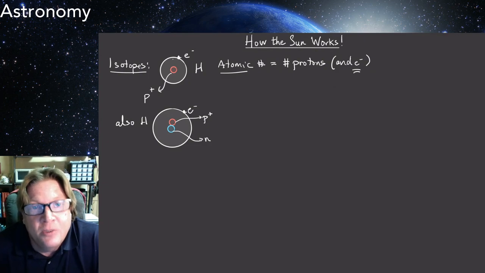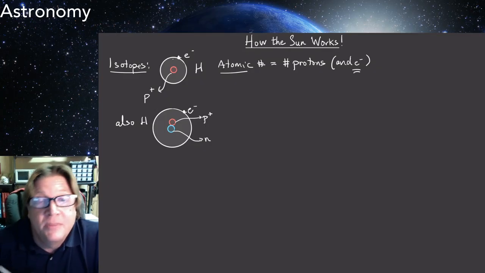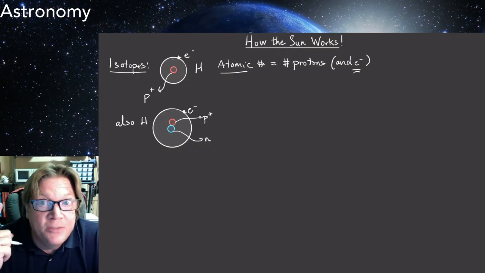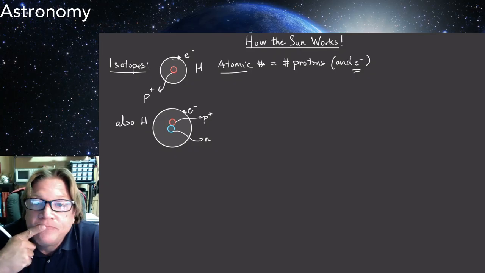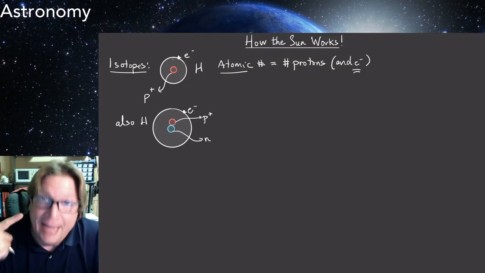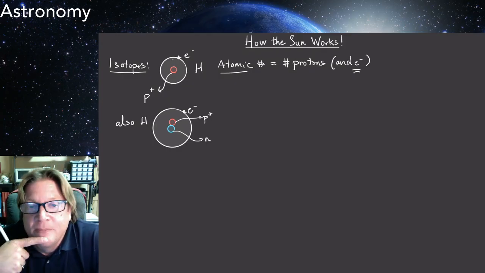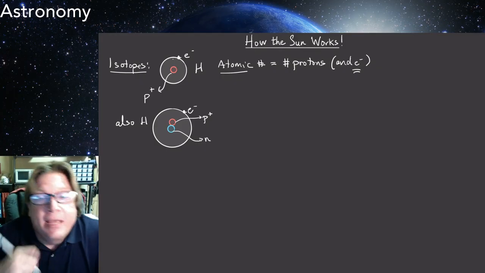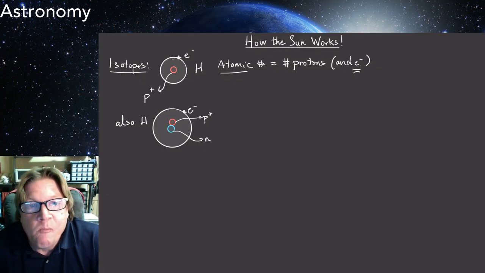So hydrogen has one of each, and if something has 6 protons, it'll have 6 electrons. 8 protons, 8 electrons, right? That number always has to match, and that's called the atomic number. That's what makes one element different than another element, is the number of protons and the number of electrons, because they have to match. Okay, that's called the atomic number.